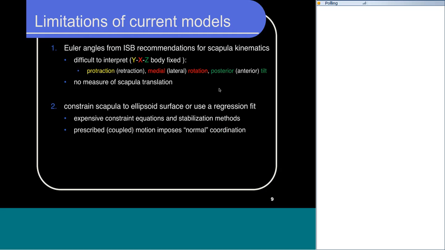And if you prescribe or couple the motion of the humerus to the scapula or the scapula to the humerus, and you develop those regressions based on normal activity, by definition, you can't capture or describe pathological motion. And so a lot of the fast performing models trade off scapular motion for speed. So either they use coupled motion or they ignore scapular motion to get high performance.